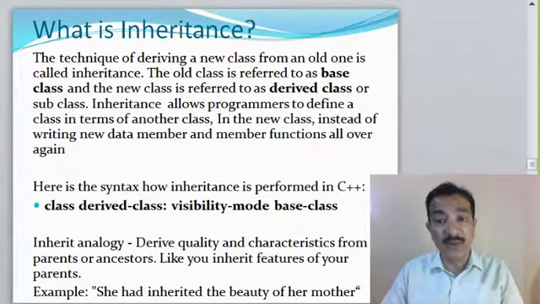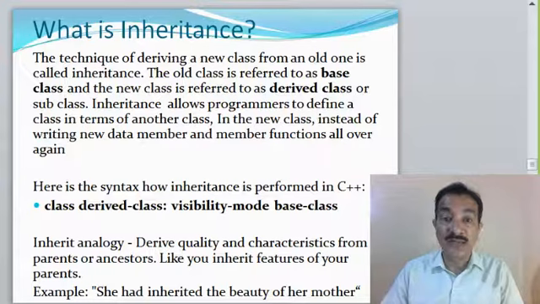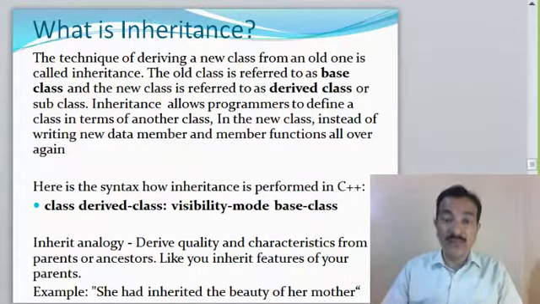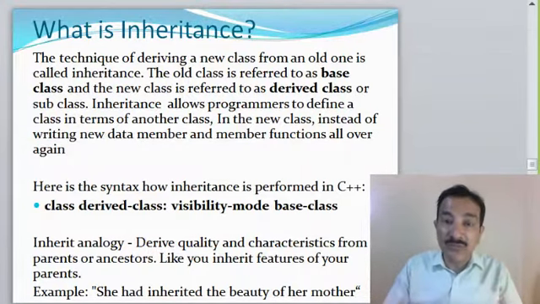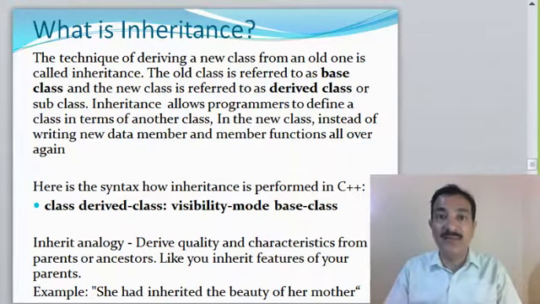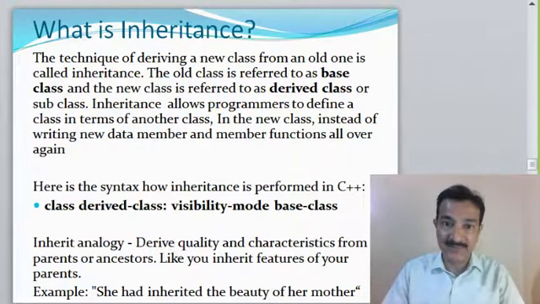Inheritance allows programmers to define a class in terms of another class. So in the new class, instead of writing the new data members and member functions all over again, they can simply use whatever is actually defined in the base class.